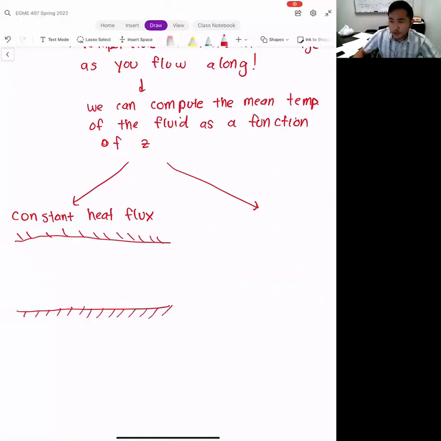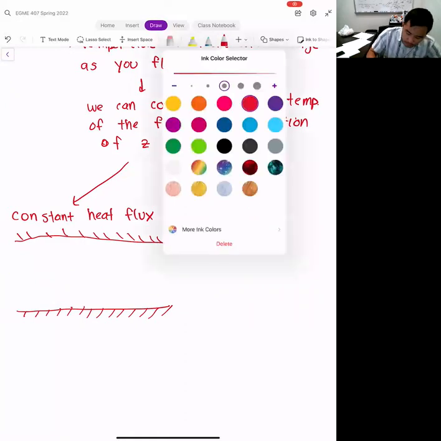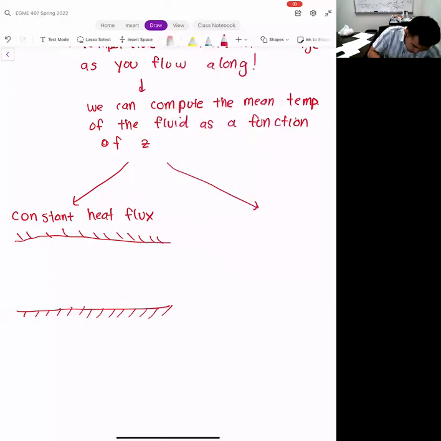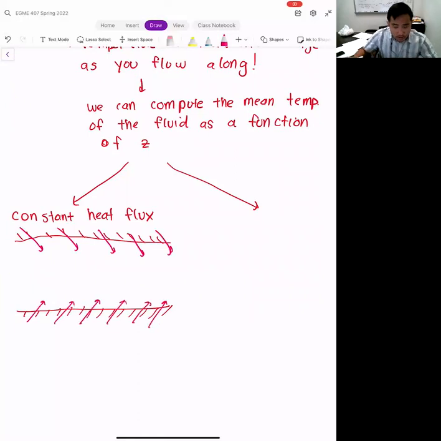The heat flux refers to the flow of energy going into the pipe, per unit area. I'll use pink. Constant heat flux means that the amount of energy that's coming in is constant throughout this entire pipe. So we can say that q naught double prime is constant along the whole pipe.